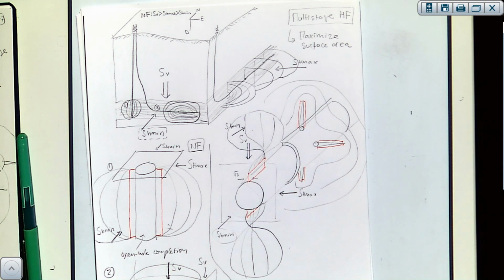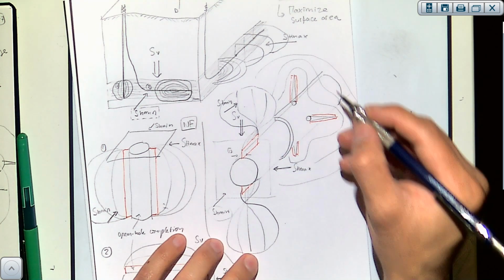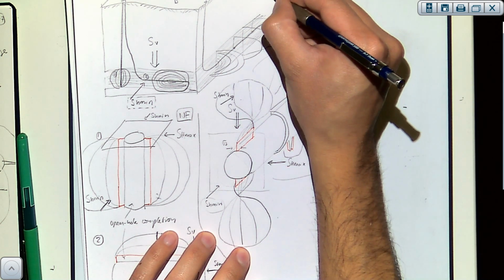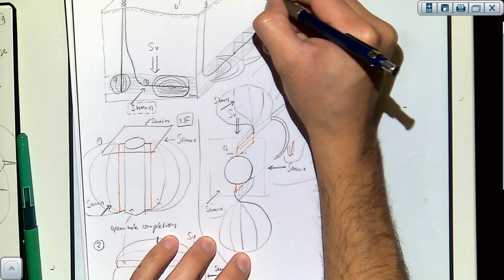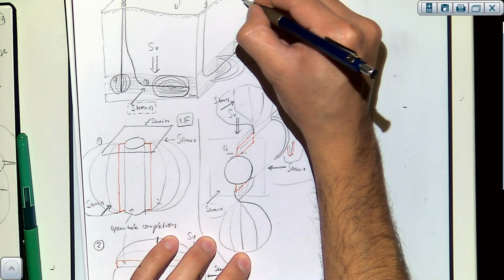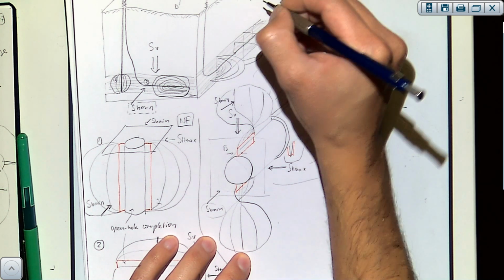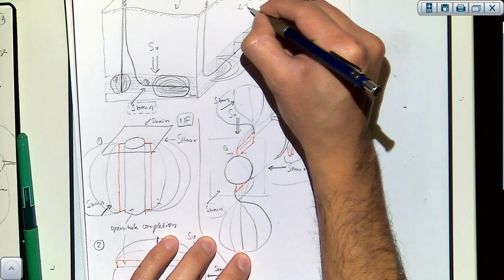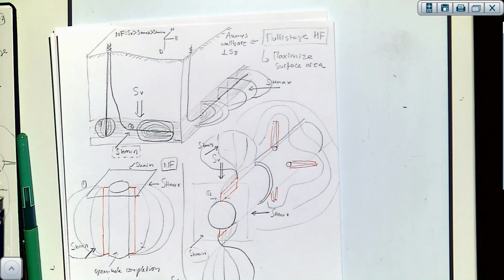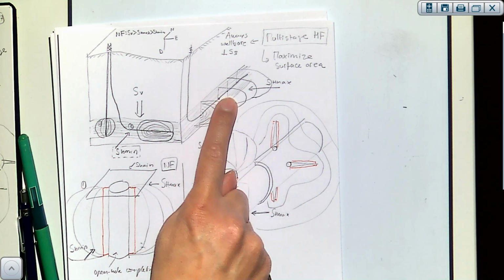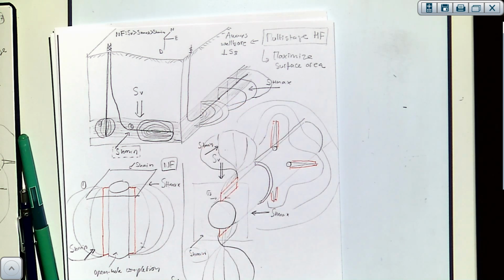The general rule is always to have a wellbore which is perpendicular to the minimum principal stress. So that, like in this case, you have multiple fractures which are all perpendicular to the minimum principal stress.